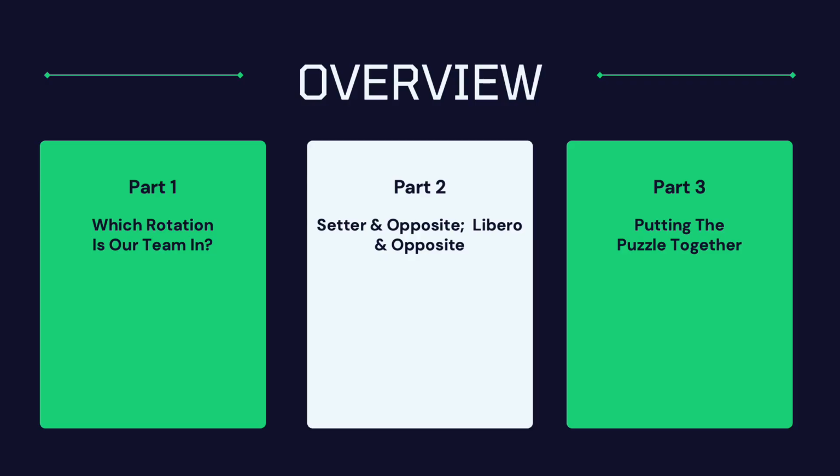As we did in part 1, we're going to break down what rotation each of our teams is in. We're going to look for our setters, look for our liberos, hopefully identify their opposites, and we're going to attempt to use all this information to put the puzzle together and identify our back row players for both teams in each and every rally.